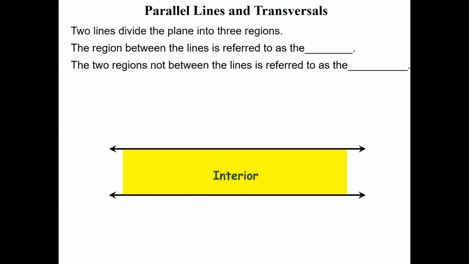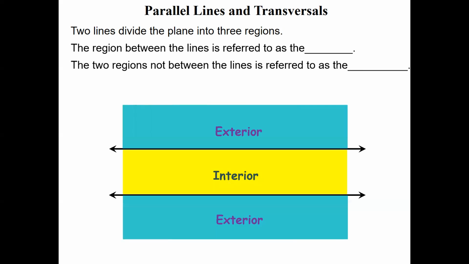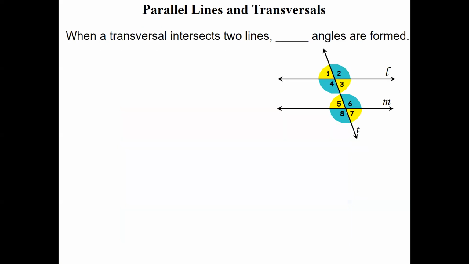The regions not between the two lines are referred to as the exterior. Those blue regions right there are the exterior. So the first blank is interior, the second blank is exterior, and then you have the diagram that shows those two regions.